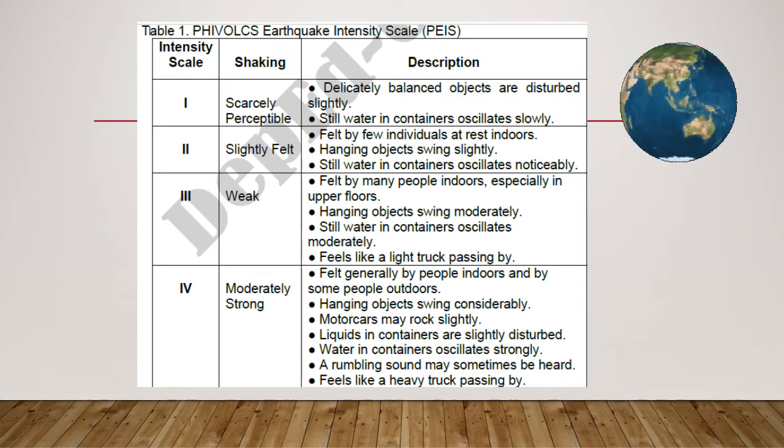It is only felt by a few individuals who are at rest indoors. Hanging objects may swing slightly. And let's proceed to intensity number 3, a weak earthquake. A weak earthquake can be felt by many people indoors, especially on the upper floors. And somehow you may feel that there is a truck passing by.